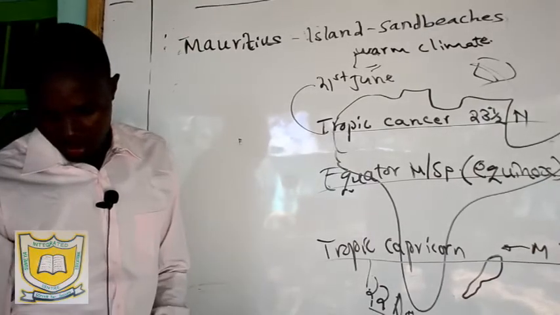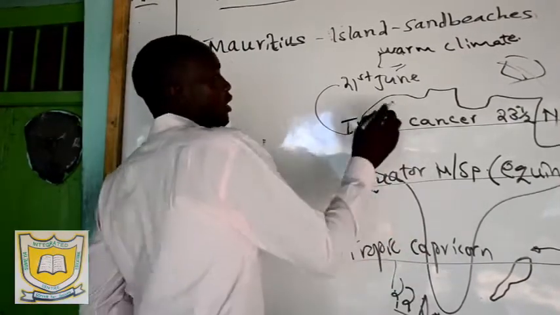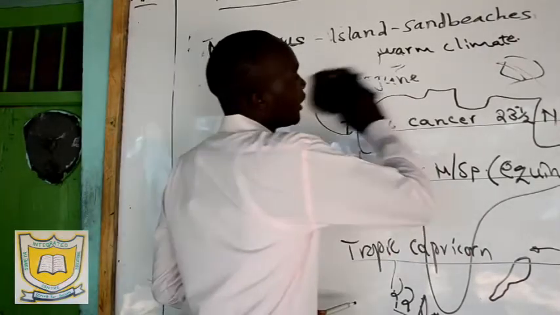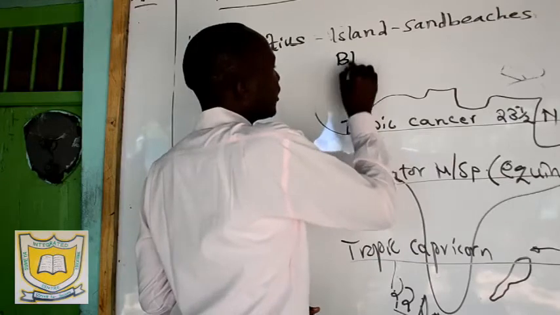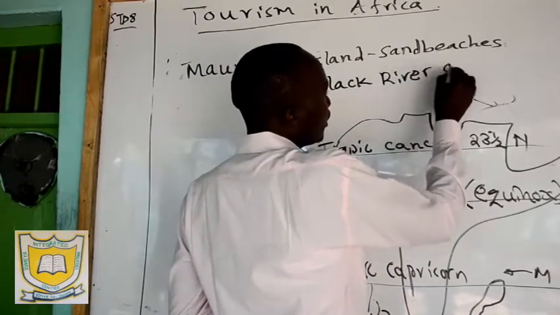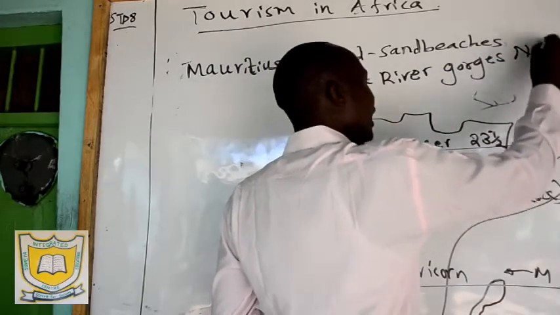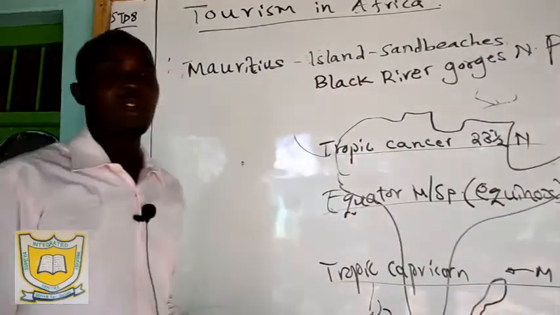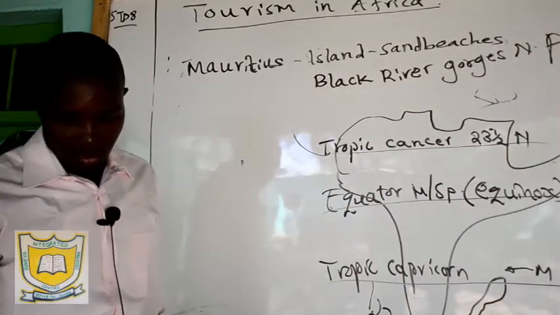Then we have another one called Black River Georges National Park. When you talk about national park, we are just talking about wildlife and so on.